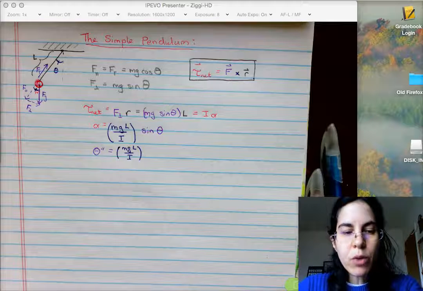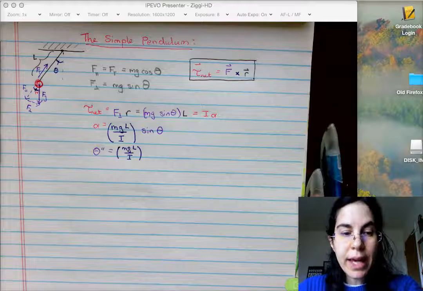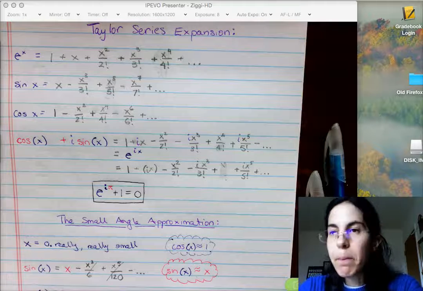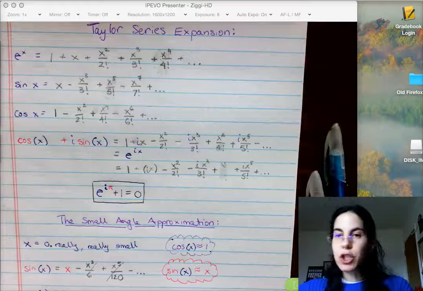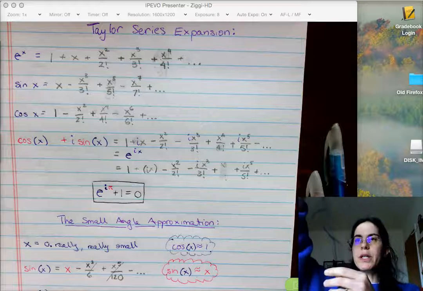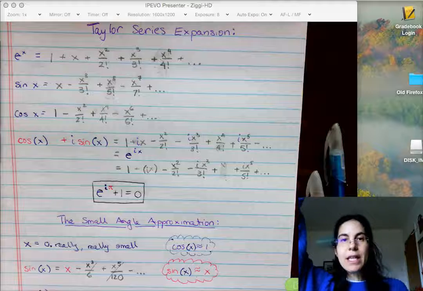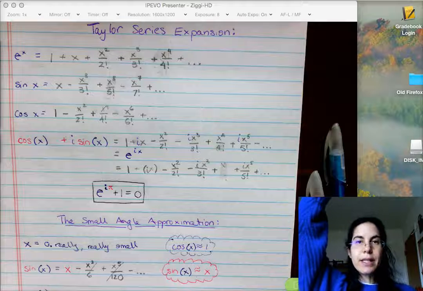However, if we look at what we did previously with the small angle approximation, we will see a way out. If you want to model an ordinary pendulum with simple harmonic motion, you are simply out of luck. It's not simple at all.